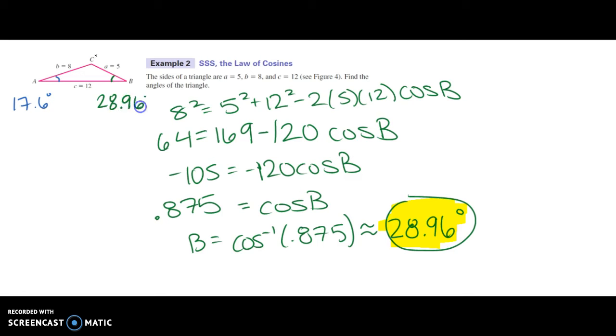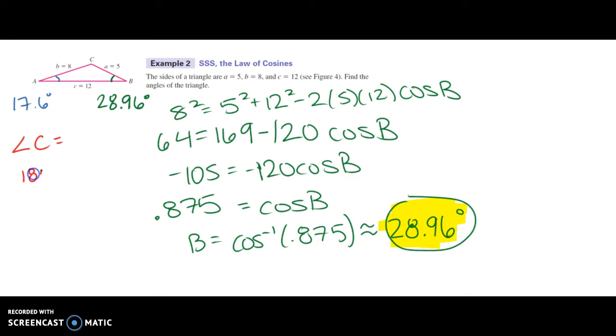Now, there's 2 of my angles. It told me to solve for all 3. It would be nice, you know, to go in and do law of cosines again for good practice, and then to check my work by seeing if they add all up to 180. But that's just more work than you need.